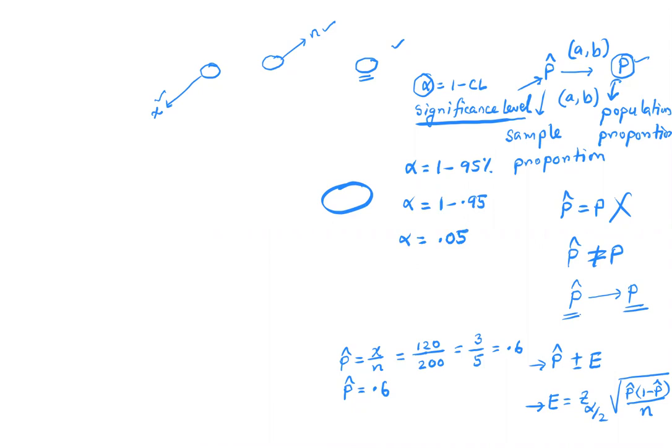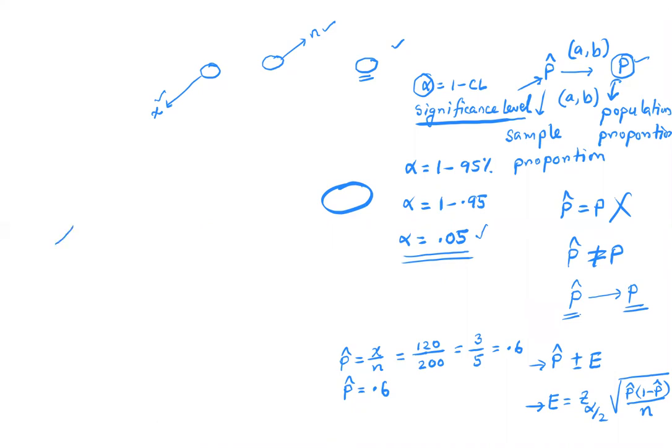The way you should be thinking about it, broadly speaking, is that the significance level is kind of your chance of going wrong. There is a 5% chance that you might be wrong and a 95% chance that you are creating an interval that is going to contain the population parameter, in this case, the population proportion.